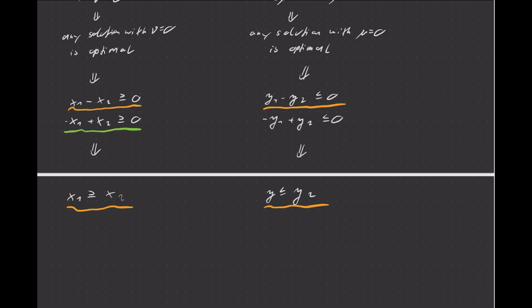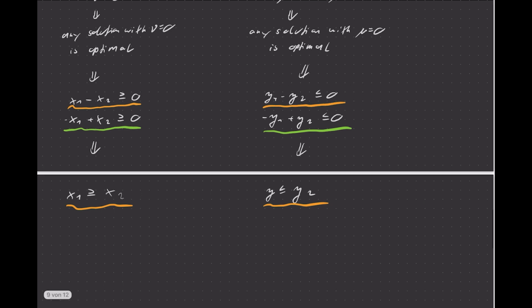Now let's have a look at this inequality. We can solve those for x2 and for y2. And doing so says, well, for the green x inequality, we get x2 is greater or equal to x1. So we can continue this chain of inequalities here by this green inequality. And for the y's, we can do the same thing. y2 is less or equal to y1. So again, let's continue this chain by the green inequality.